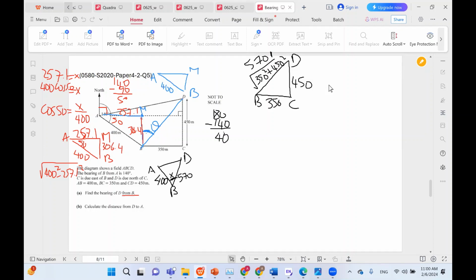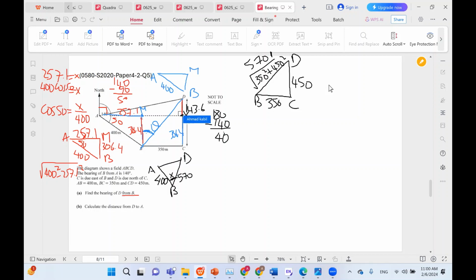And then we can also get this side here. Now that we know that this part is 306.4, you can subtract 450 minus 306.4. This gives us 143.6. So looking at triangle AXD, let's put point X here.